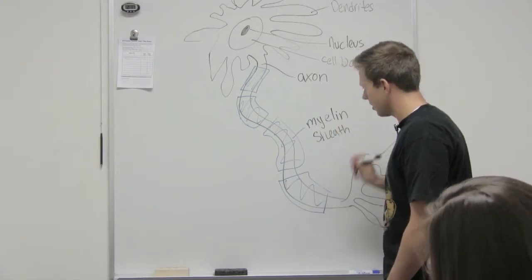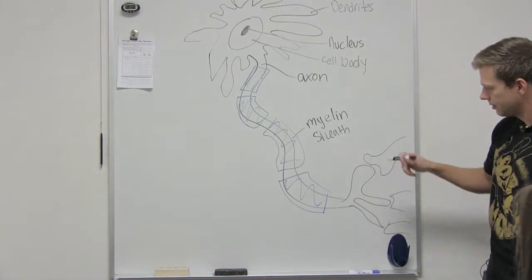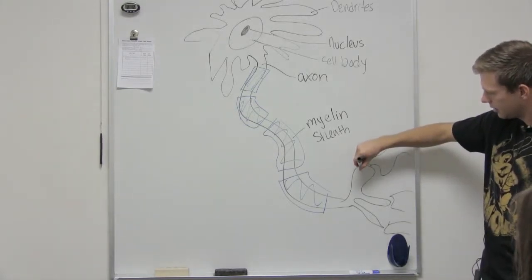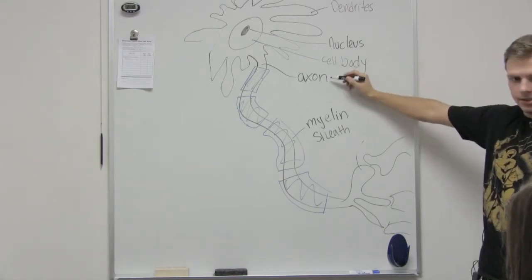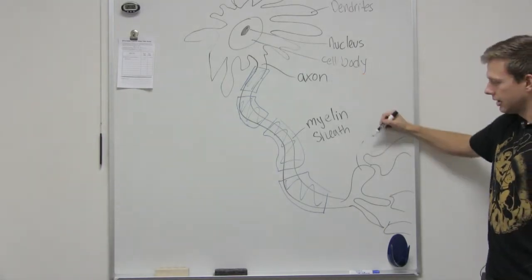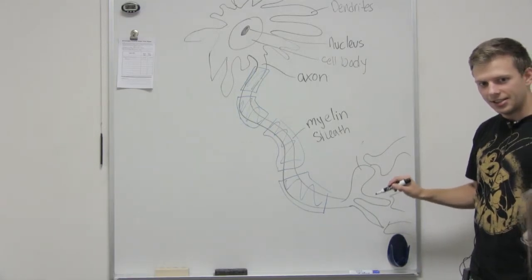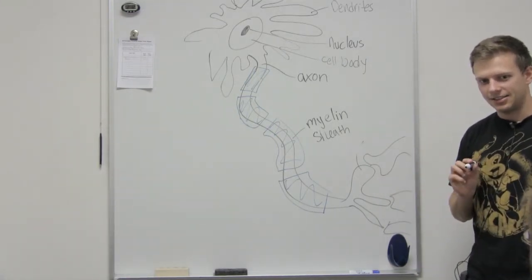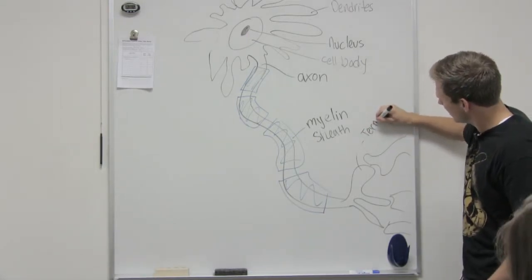Do you mind also, after we do this, going over what they mean? Yeah, we can do that. And then what are these? Those are the terminal branches of the axon.